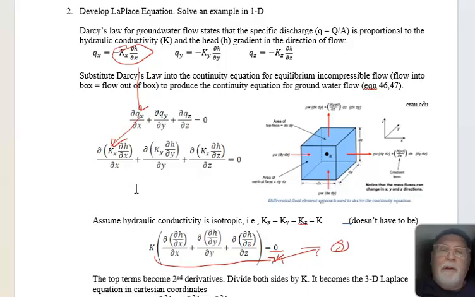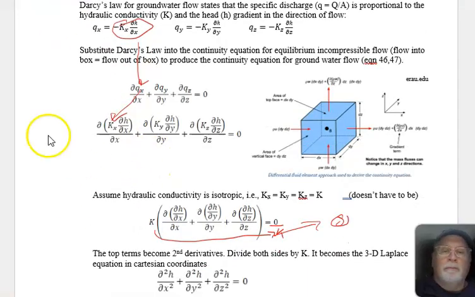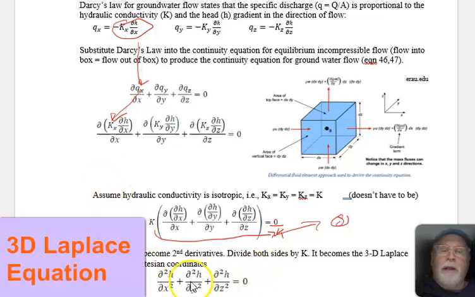We just have that in parentheses. And the change of H in X becomes the second derivative: partial X squared on the bottom, partial squared H on top. So that says the three second derivatives in the X, Y, Z directions added to each other equal zero. Not each of them has to equal zero, but together they add up to zero.